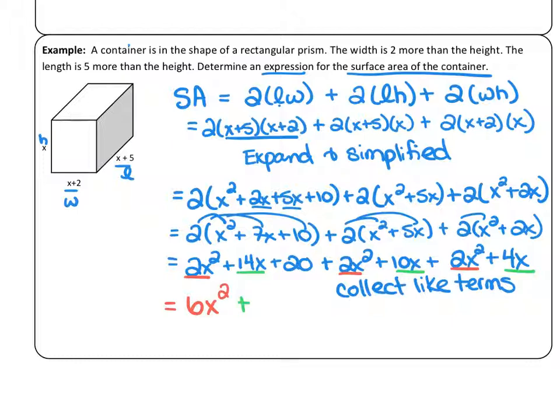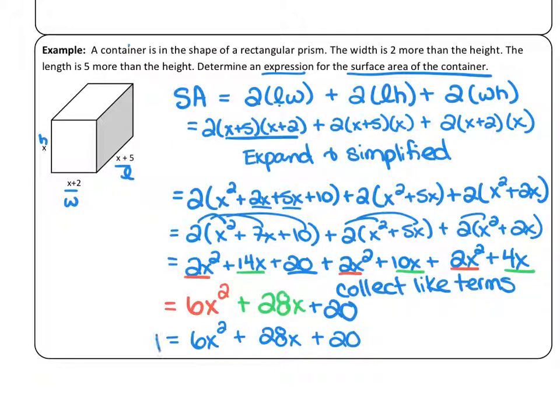And if we add them together, 14 plus 10 is 24. Plus 4 is 28. So we get 28x. And then we have our plus 20 at the end. So this is our whole thing. Our simplified expression is 6x squared plus 28x plus 20.